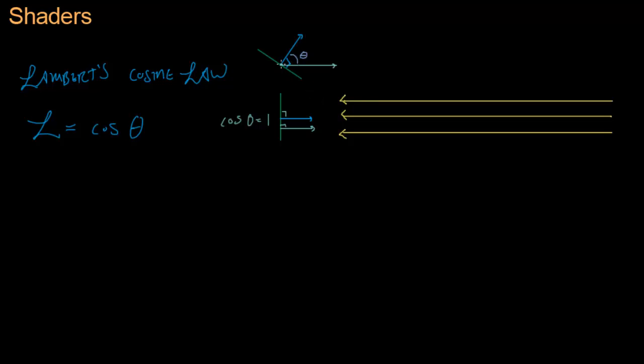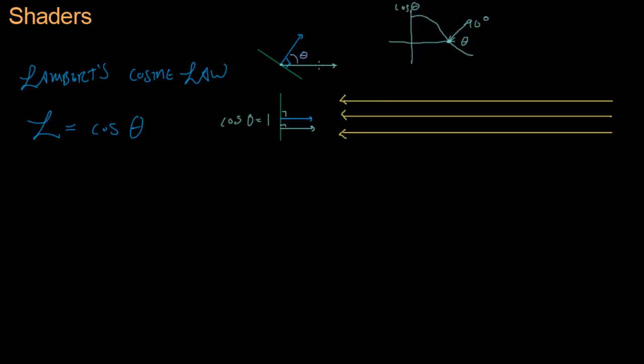But for this surface, you see it's slanted, it's tilted away from the light, and so this theta grows large. And here's what cosine looks like up here. Here's 0. This is theta, and this is cosine theta. As theta increases, cosine theta starts to decrease until right here at 90 degrees, now cosine of theta is 0.